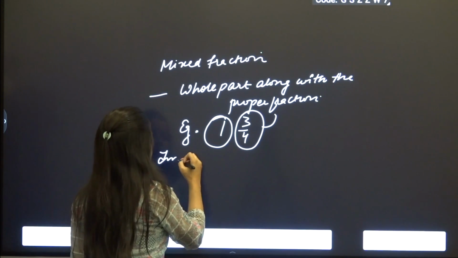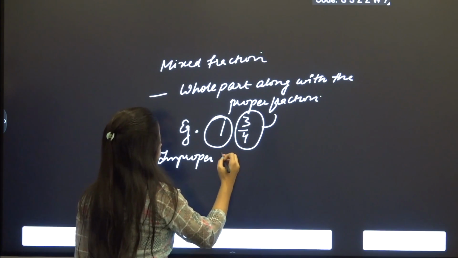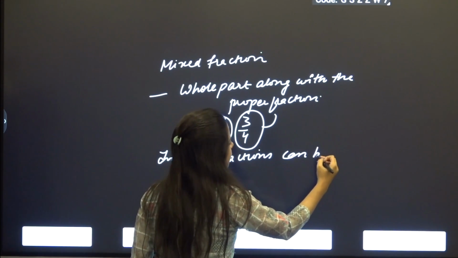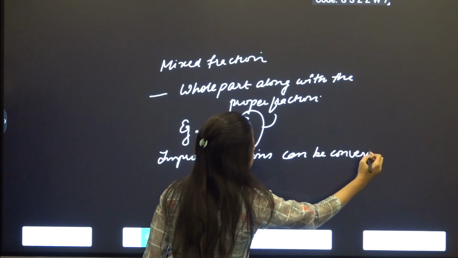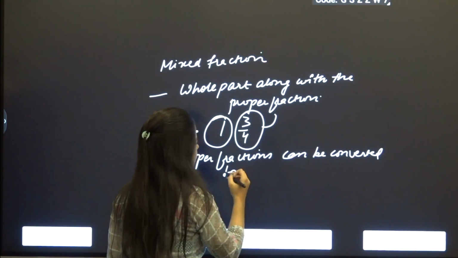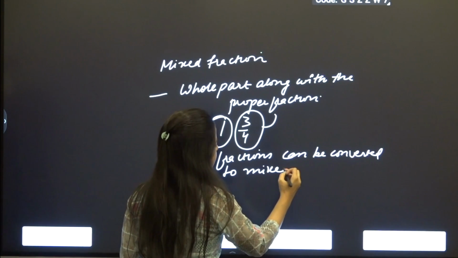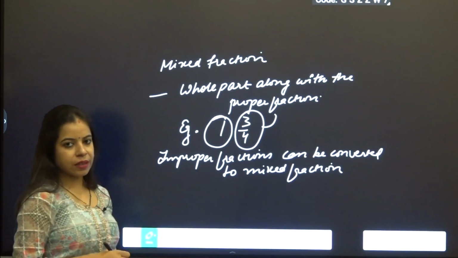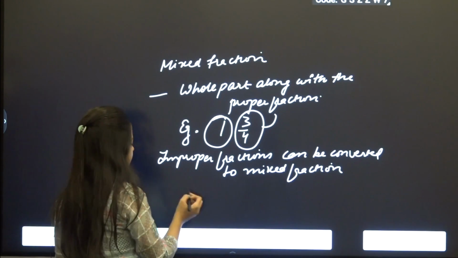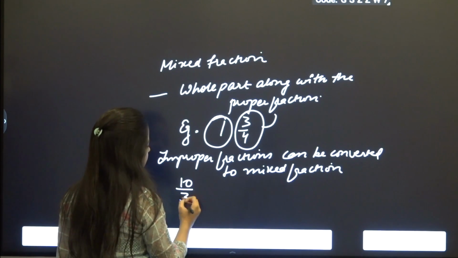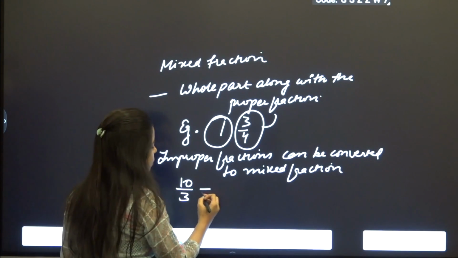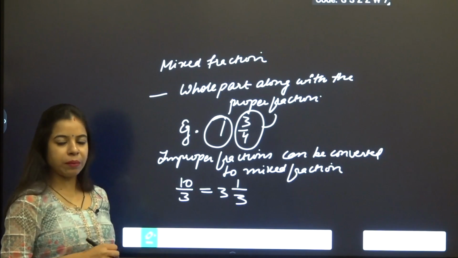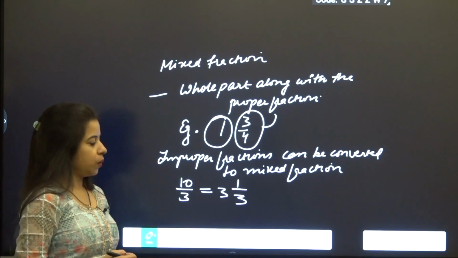Improper fractions can be converted to mixed fractions. Say we have 10 by 3. 10 by 3 can be written as 3 1 by 3.